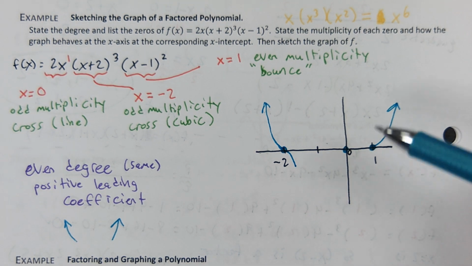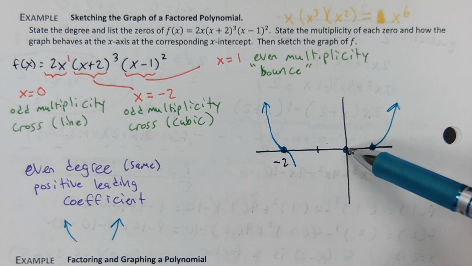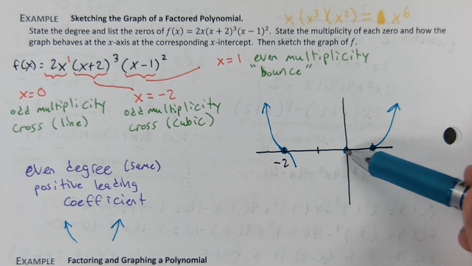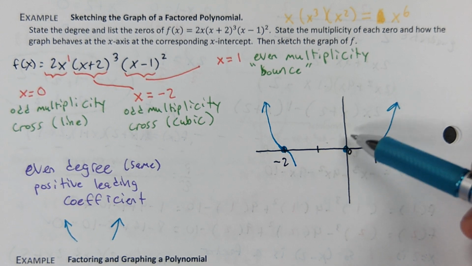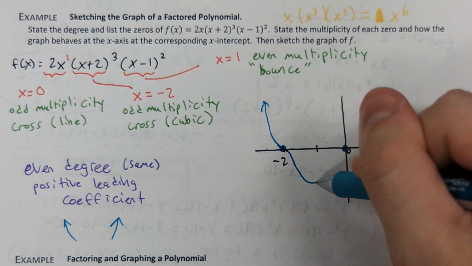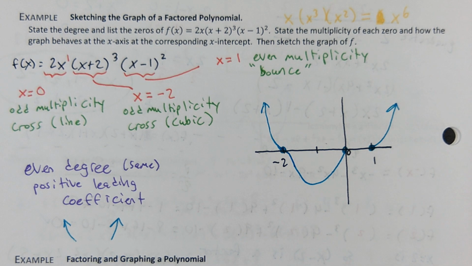Now something's going to have to happen because I have to come back up to here. So clearly I can't dip down forever. I am going to have to come back up to this because that's the next place I interact with the x-axis. You might be wondering how far down. And the answer is, who cares? Who knows?